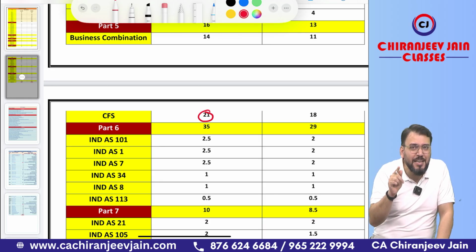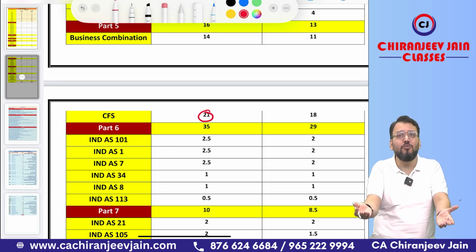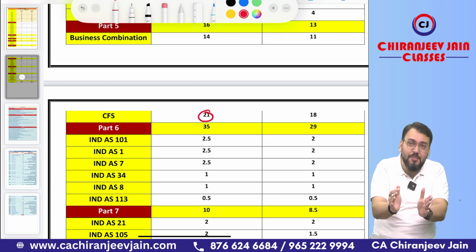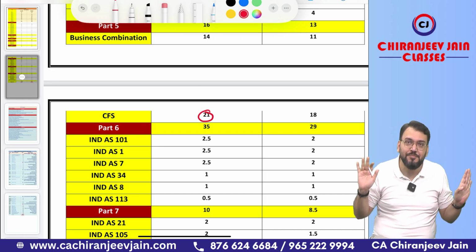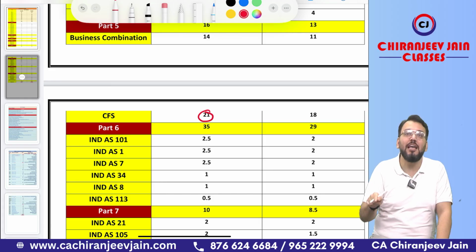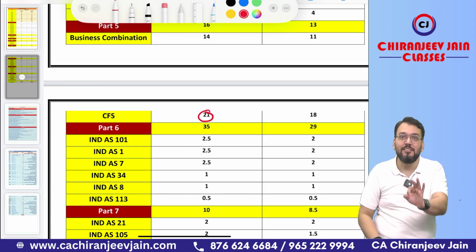Can I say mismanagement of time? It is mismanagement of time because you have only 120 or 100 hours. You need to give 21 hours to CFS, not more than that. In those 21 hours, you read the entire concept, entire adjustment, and do all the expected question list. If you can do this, believe me, you can easily score good marks in FR.